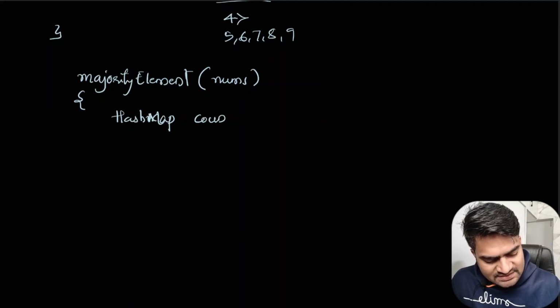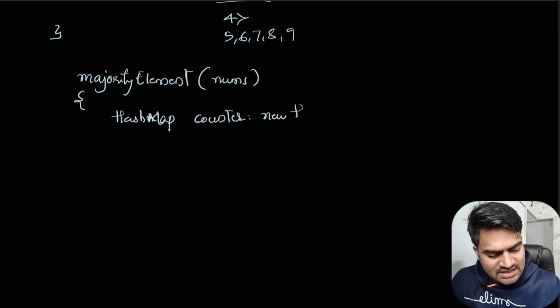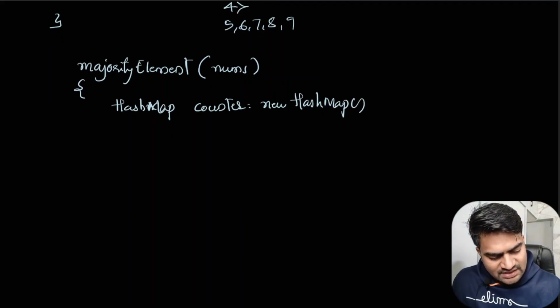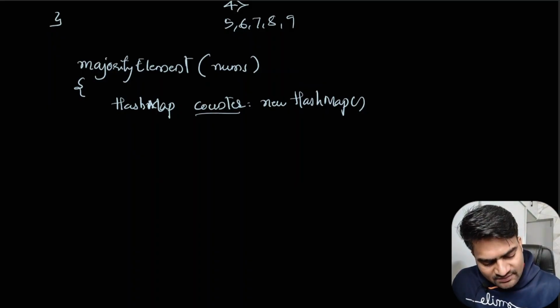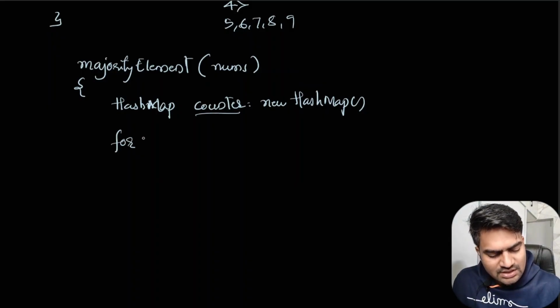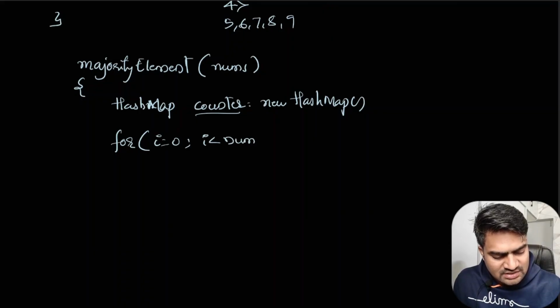I will name it counter, a new hash map. Now I will iterate over my array of nums: i equal to 0, i less than nums.length, i plus plus.